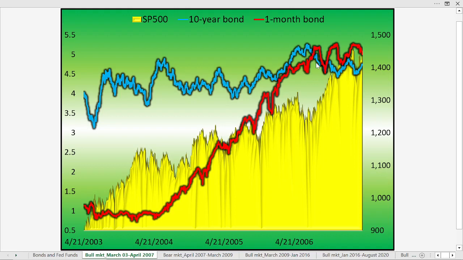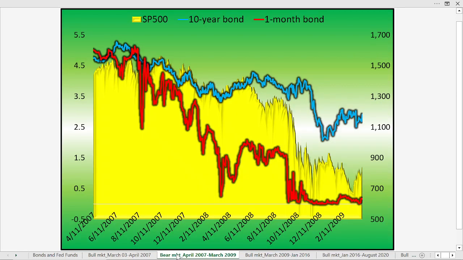So as the economy grew stronger and we expected the Federal Reserve to continue to raise rates, we tend to see the red line, the short-term 1 month bond, move up and eventually converge with the 10-year bond. At one point, the 1 month bond crossed above the 10-year bond. That was the beginning of the inverted yield curve, when the red line crossed above the blue line.